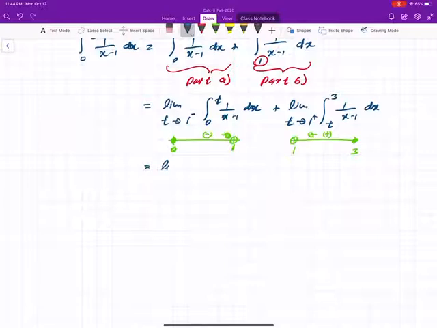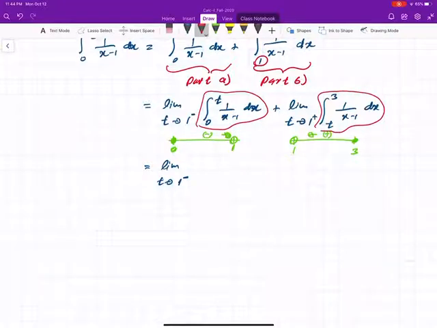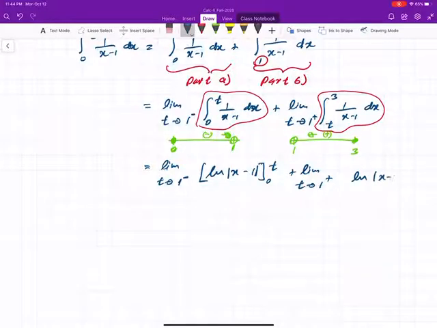This equals, you could keep the limit part separately. First thing is to integrate this and integrate that while keeping the limit part separately. So the integration of that one should be ln |x minus 1|. The limits are 0 to t, and then for this one you write limit t goes to 1 from the positive side. The integration of that one is ln |x minus 1| from t to 3.